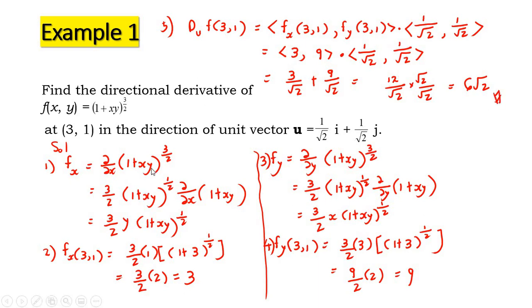So the directional derivative of f(x,y) at the point (3,1) that we obtain is 6 sqrt(2).